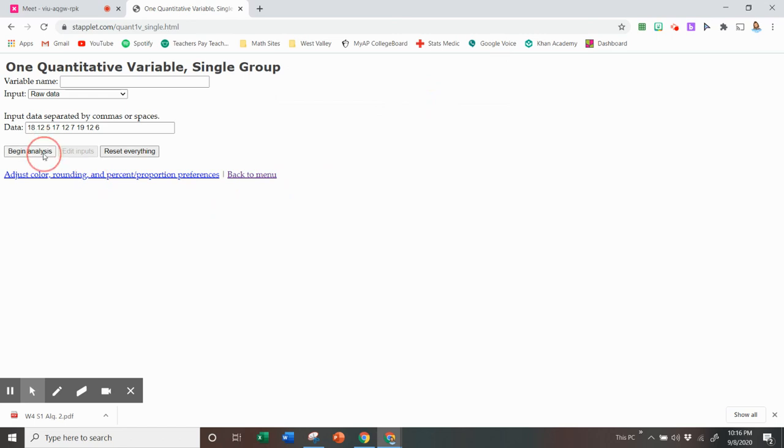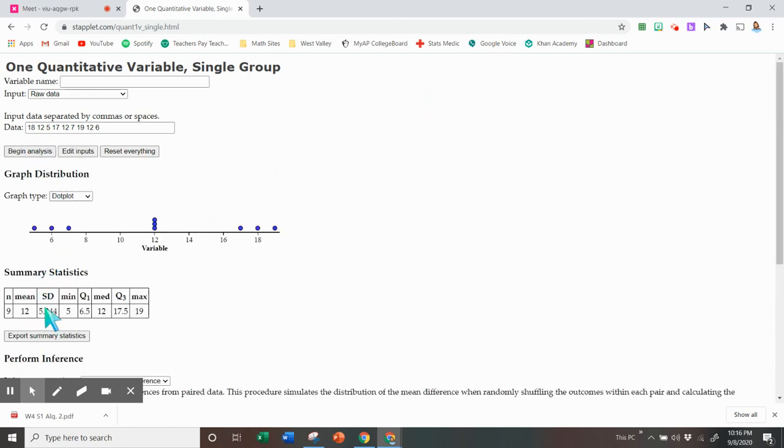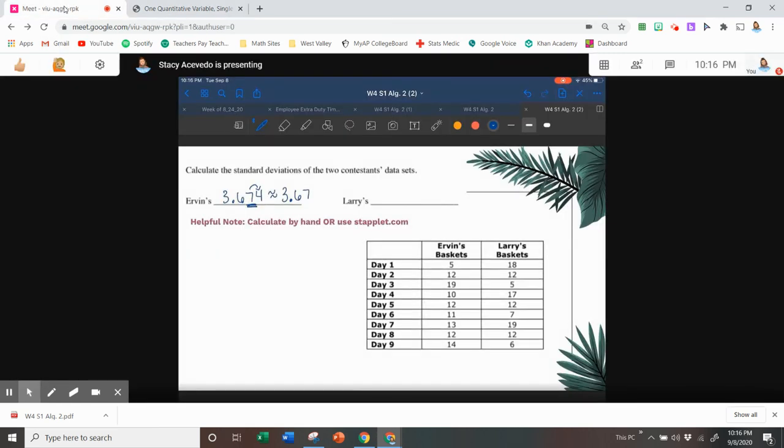Larry's standard deviation is 5.244. I'm going to round to the nearest hundredth like I did for Ervin's. I look to the right, it's not greater than 5, so it's 5.24. So we found our standard deviations.